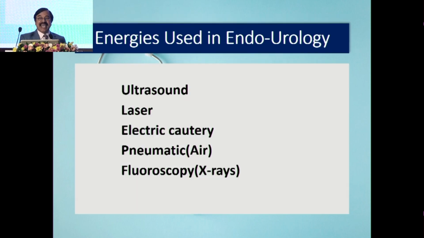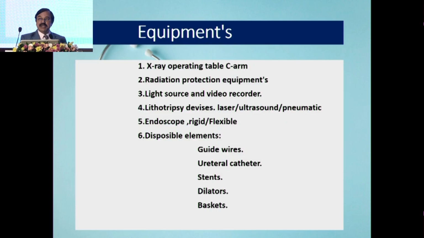We use some energies in our endourology: ultrasound, laser, electric cautery, pneumatic, and fluoroscopy. Some equipment we use are the C-arm, radiation protecting equipment, light source and video recorders, lithotripsy devices, laser, ultrasound and pneumatic, endoscopes, rigid and flexible, disposable elements, guide wire, ureteral catheter, stents, dilator, and baskets.